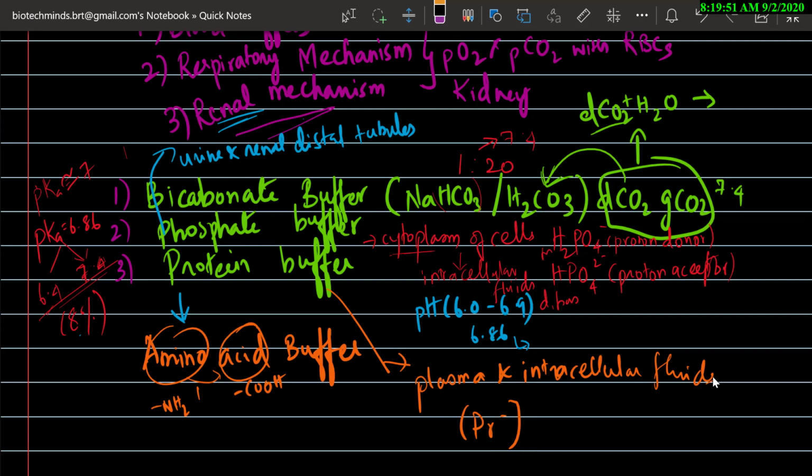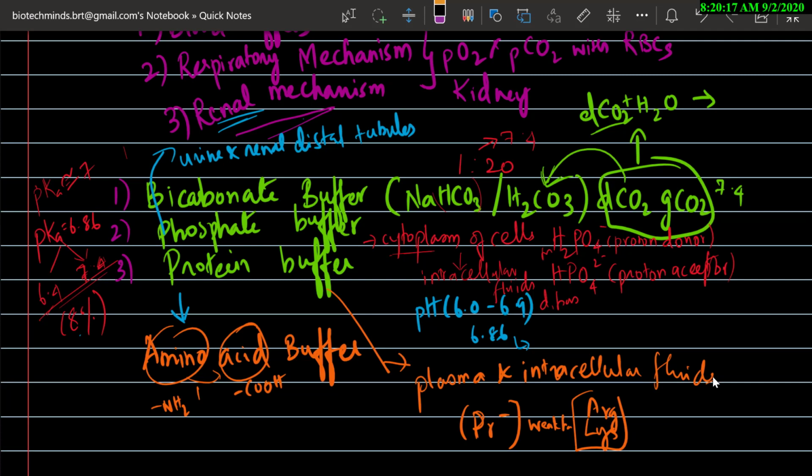It consists of several amino acids, such as the basic amino acids arginine and lysine, present in proteins, that will give you a conjugate base notated in the form of PR minus.